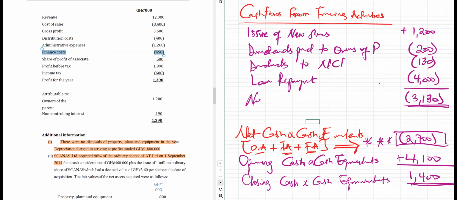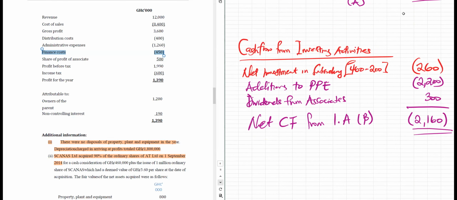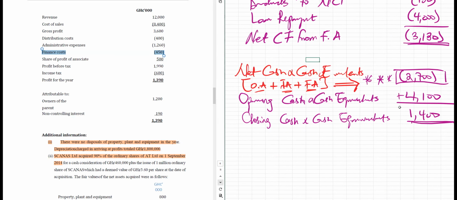So the net cash flow is 2490 plus minus 2160 plus minus 3130. Do we get 27?